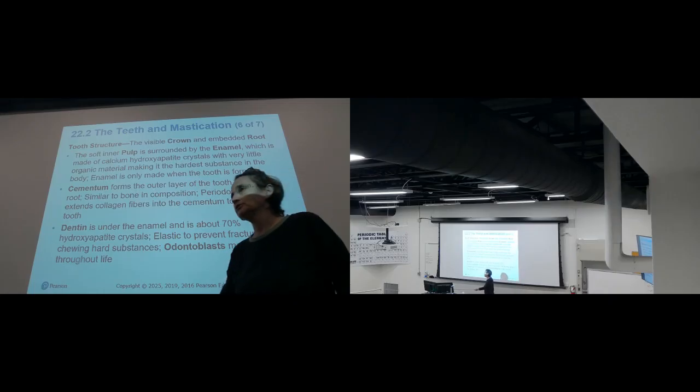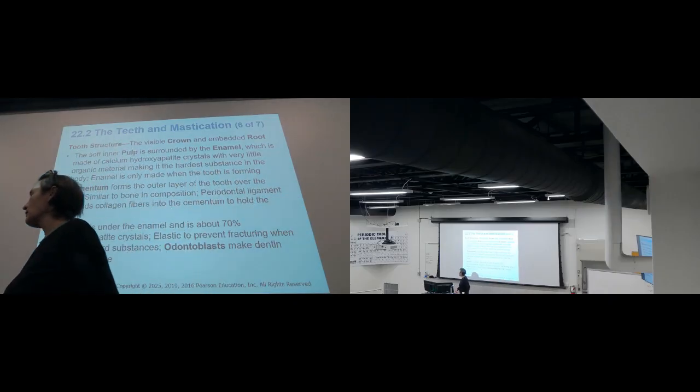For the structure of teeth, we have in the crown 3 layers. The outer layer, which is made out of enamel, the hardest substance in our body. Then underneath the enamel, internally, we have the dentin, which is yellowish, calcified tissue.